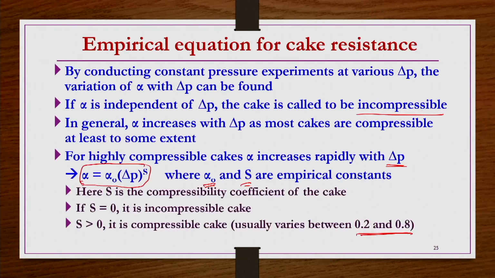So whatever equations we have till now for compressible and incompressible cake are for constant pressure filtration but batch process. Now these same equations we can modify or rearrange in a different way, so that we can use them for continuous filtration but at constant pressure.